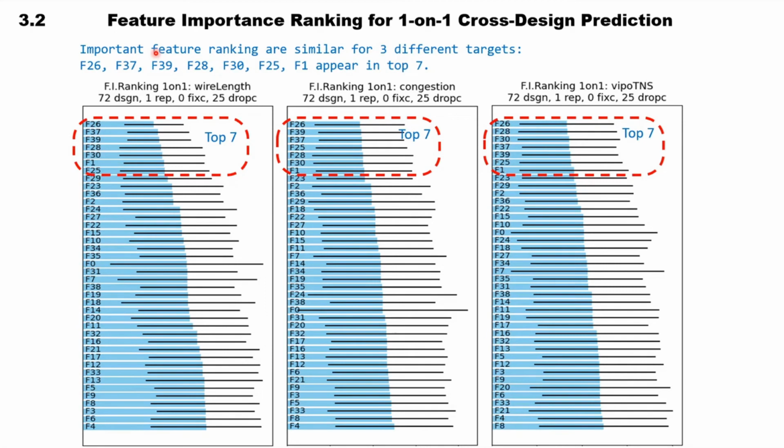Similar results are also obtained for the one-on-one cross-design feature ranking. Notice the top-ranked features are almost identical for the 3 different targets. So the top 7 here are all the same. They are features 26, 37, 39, 28, etc. Also, these top-ranked features are similar to the top-ranked features in the all-on-one scenario in the previous slide.